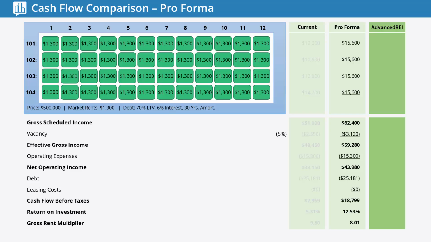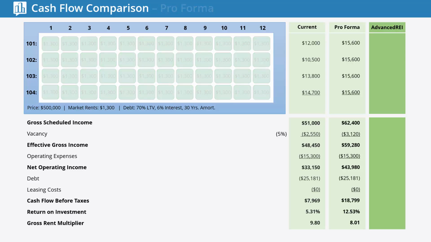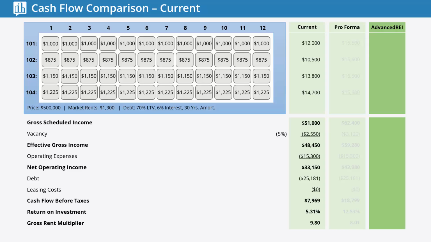Now, it's important to note that when it comes to accounting, the SEC considers the use of pro forma statements to be tantamount to fraud, and we tend to agree. Now, if we were to look at these two cash flow statements side by side, we'd see they're polar opposites of each other. On one hand, you have the current cash flow statement, which calculates only current rents and undervalues the asset.